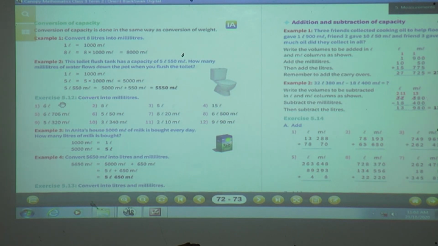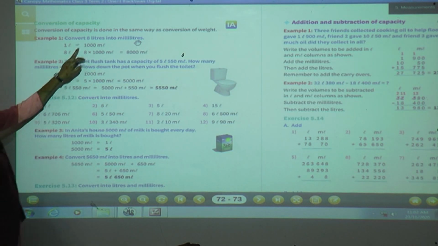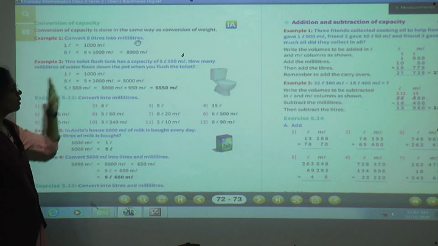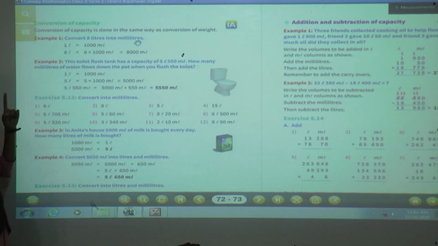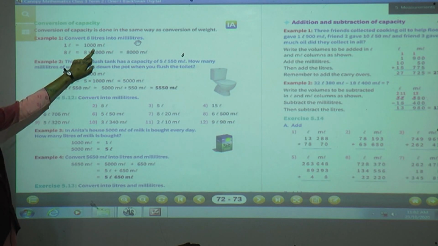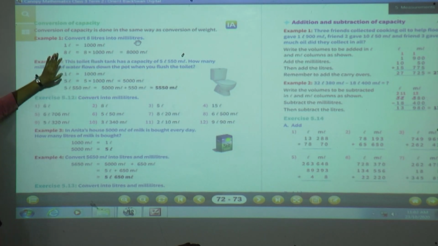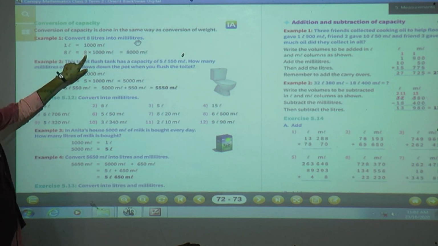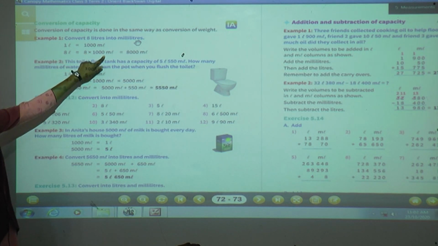Look at the board here. Convert 8 liters into milliliters. Just now I told you 1 liter is equal to 1000 ml. Now we have to convert this 8 liters into milliliters. The first step is 1 liter is equal to 1000 milliliters. If 1 liter is equal to 1000 milliliters, then 8 liters is equal to what? 8 into 1000.